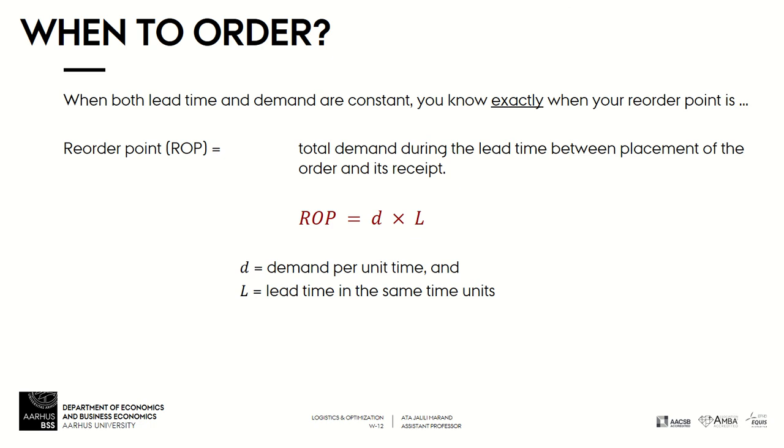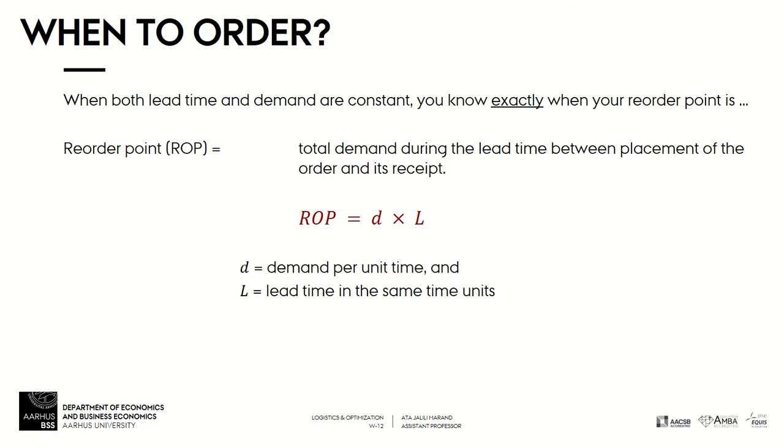So if the lead time is L, and we know that for each unit of this time, demand is equal to D, then the reorder point is simply D times L. So if we have a lead time equal to 2 weeks, and if we know that weekly demand is equal to D, then the reorder point is equal to 2 times the weekly demand.